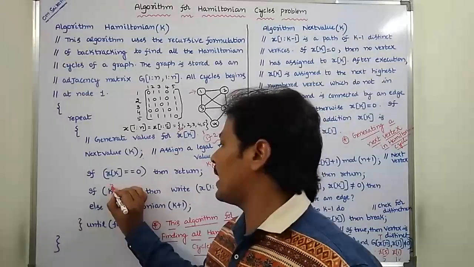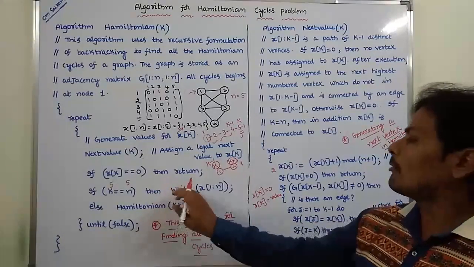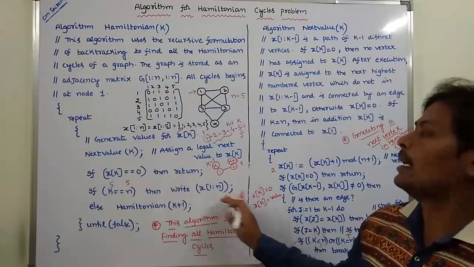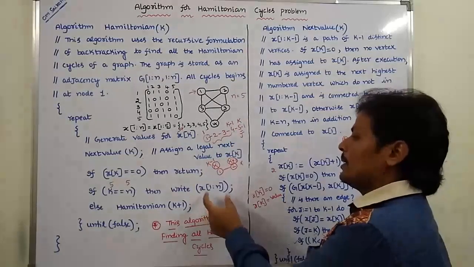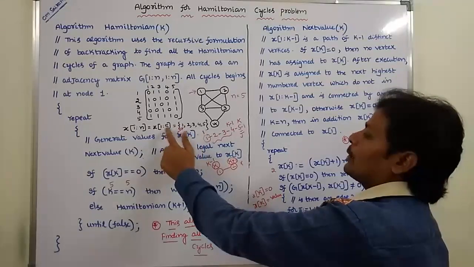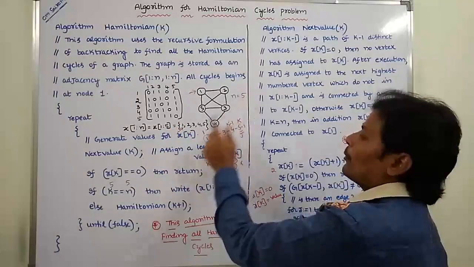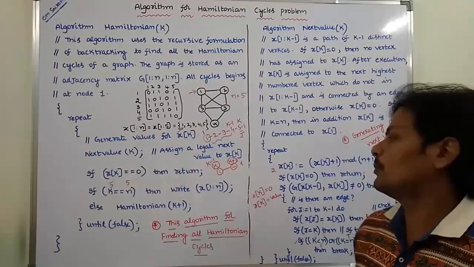Here the k value is equal to 5 and the n value is equal to 5. Then write x of 1 to n. x of 1 to n means 1, 2, 3, 4, 5. So this is the solution vector x of 1 to n, where n is 5.